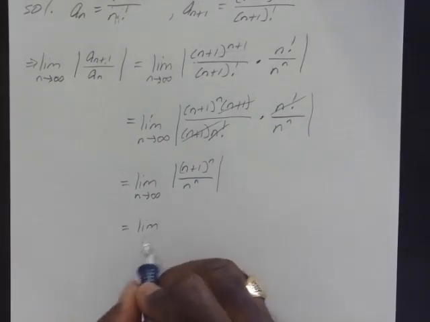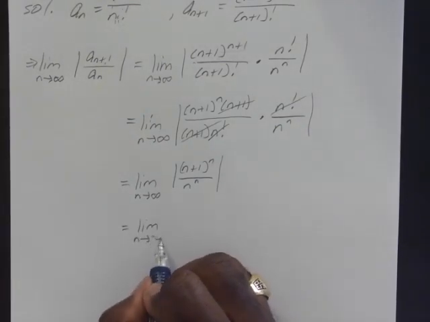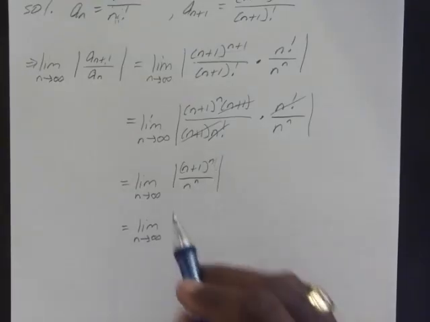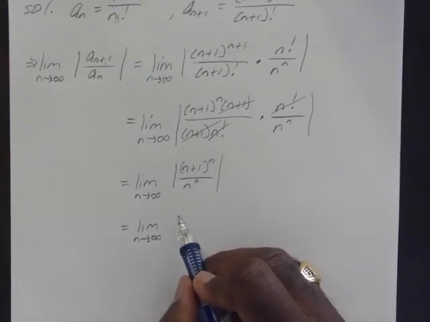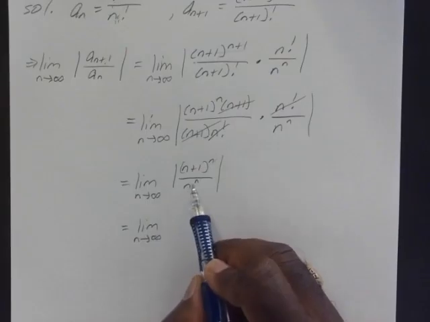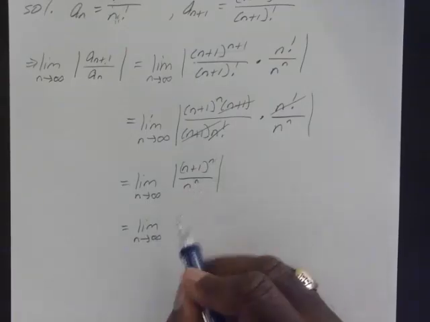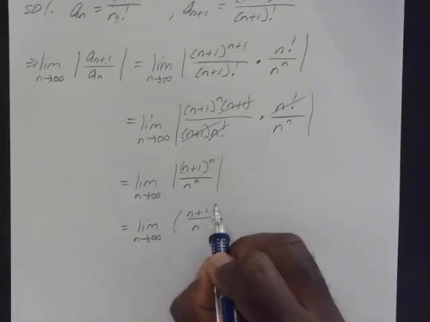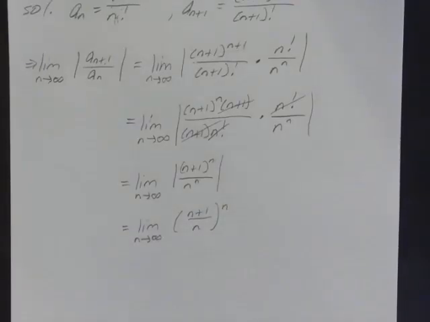So we have the limit as n approaches infinity. And since they're both raised to the power of n, we can just combine them. And since n is approaching infinity and those are going to be positive no matter what, we can just make it n plus 1 over n to the power of n with parentheses.